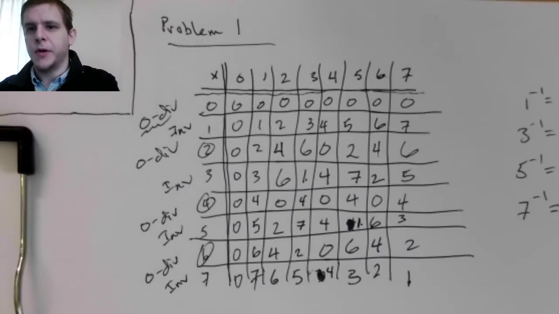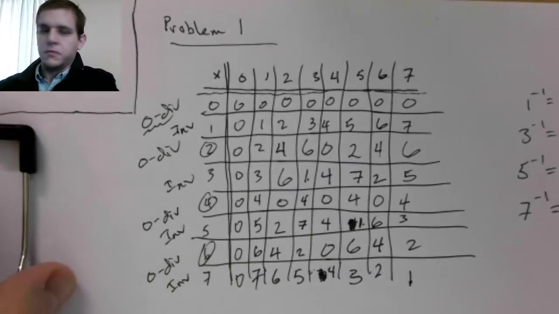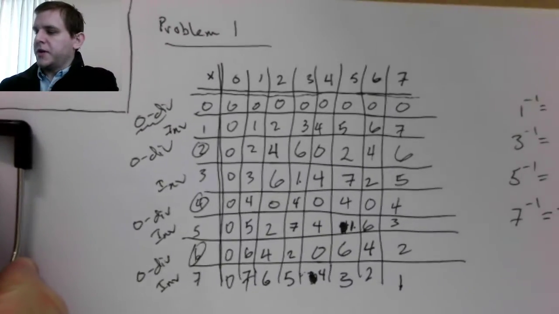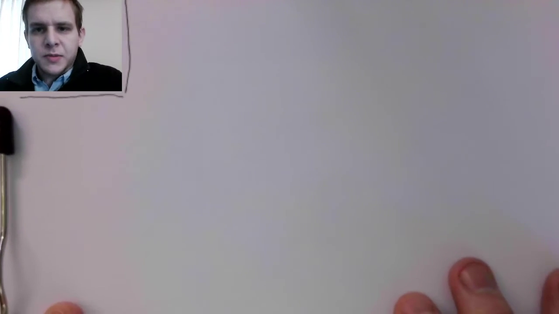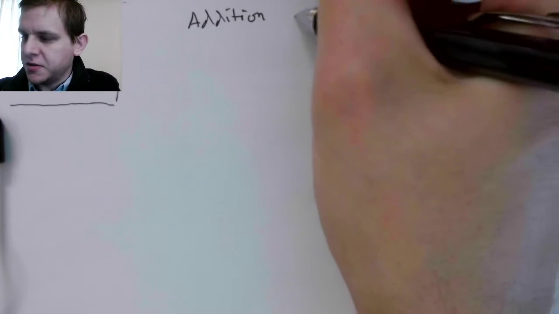So this is problem 1. Let's move on to problem 2. So problem 2 is a proof-based problem. So we defined addition of sets. This is just a recalling of definition.